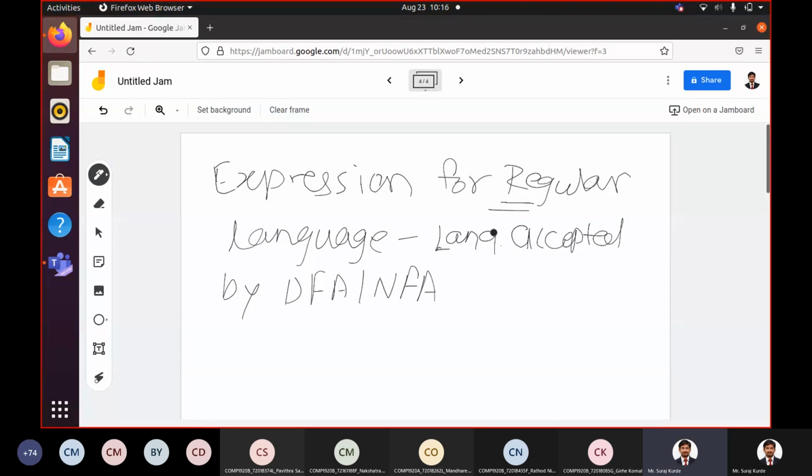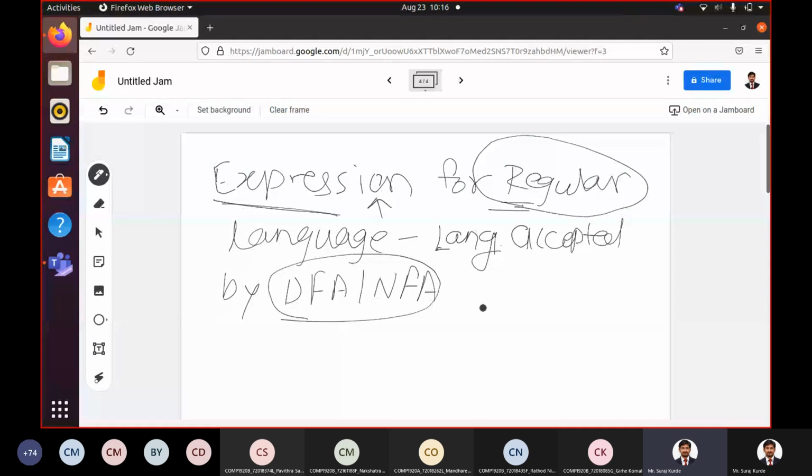The language which is accepted by a DFA or NFA is called a regular language. And that language we have to represent using expressions, and that expression is the regular expression. In short, we write it as RE.